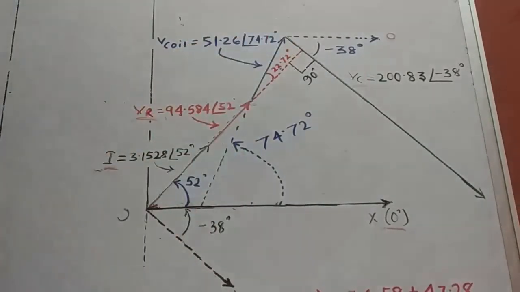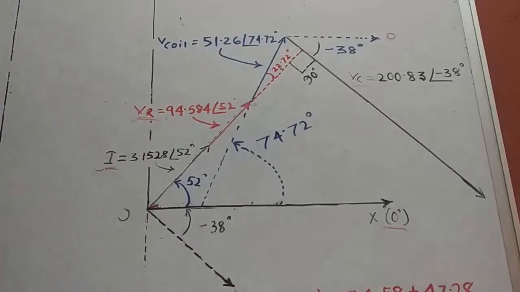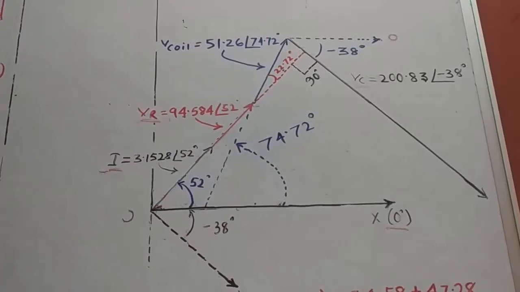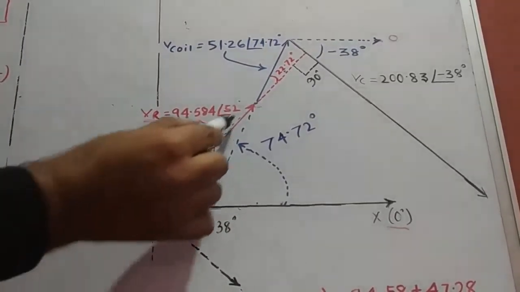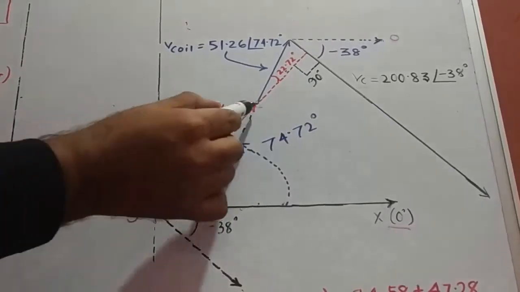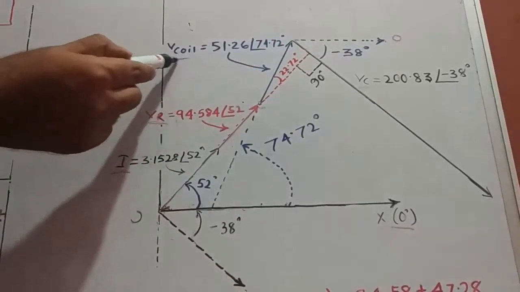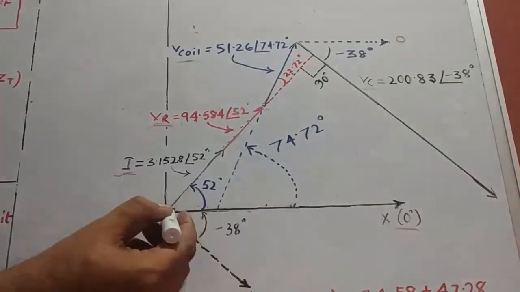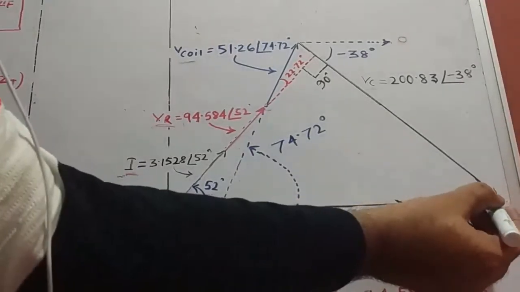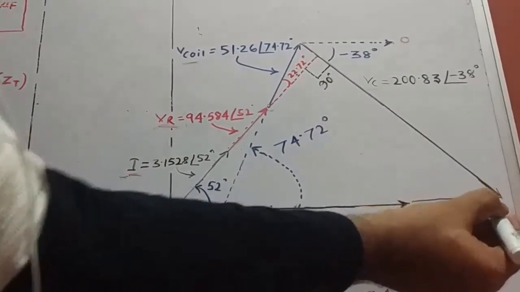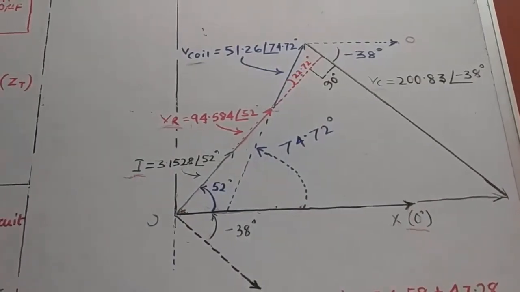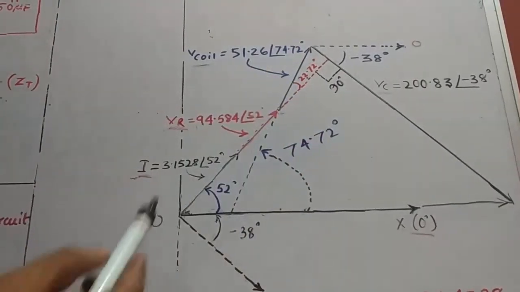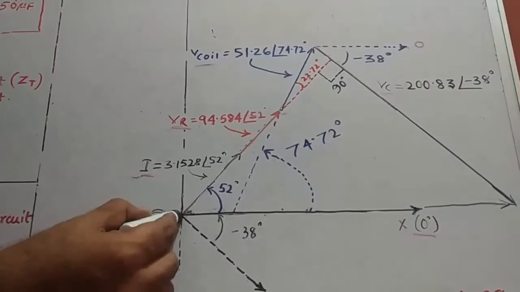Now what should be the resultant voltage drop? The resultant voltage drop is the vector sum of all the voltage drops. From here to here it is the voltage drop across the resistor, from here to here it is the voltage drop across the coil, and from here to here it is the voltage drop across the capacitance. So from the zero line to this line should be the resultant voltage drop. I have simplified things further.